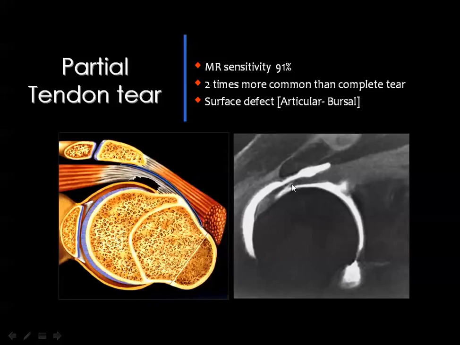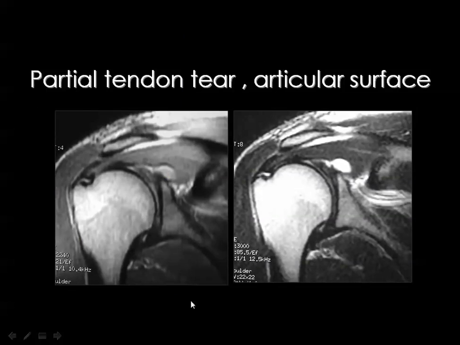And here is an articular surface tear which is clearly identified by MR arthrogram. This is the supraspinatus tendon, and you can see this fine tear in the surface of the tendon facing the joint. This is partial articular surface tear. And in this example, you can see that this is the supraspinatus muscle and tendon.